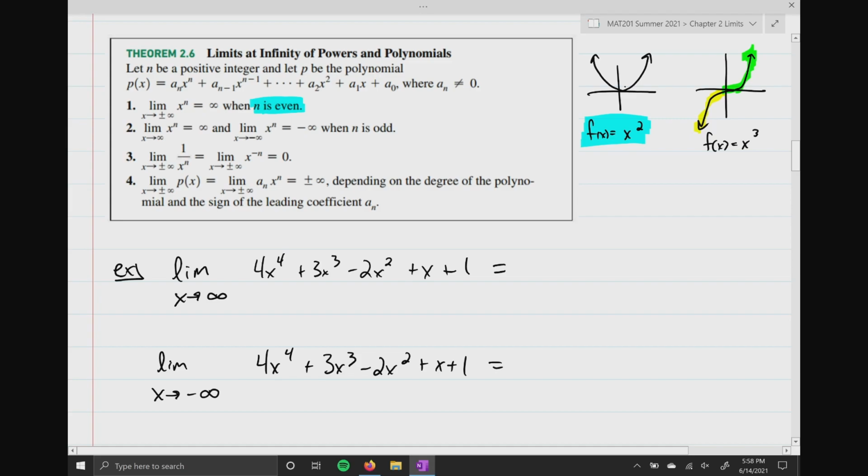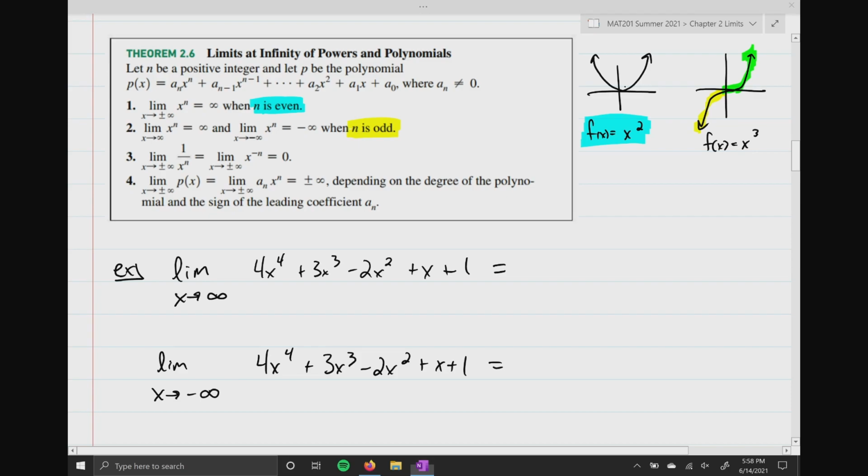In this situation, you have to be careful, because when n is odd, like x to the third, you have the shape of our function on the right hand side. So if x goes to infinity, it goes to positive infinity. And if x goes to negative infinity, then the function is going to go to negative infinity.